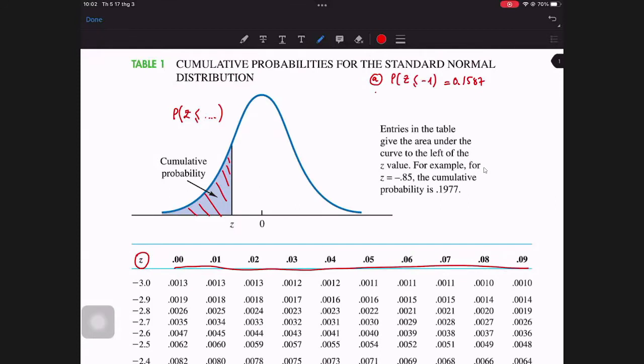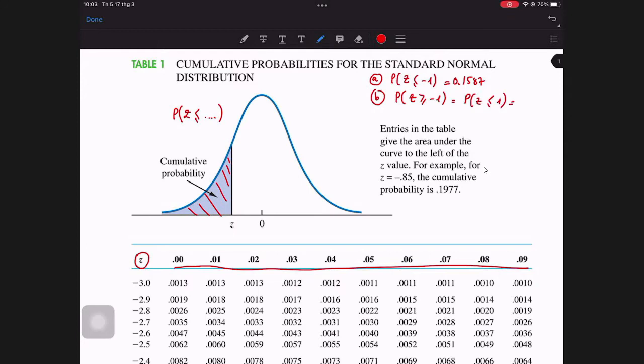For question B, P of Z greater or equal minus 1. You can do it in two ways. You can turn it directly into Z smaller or equal 1.